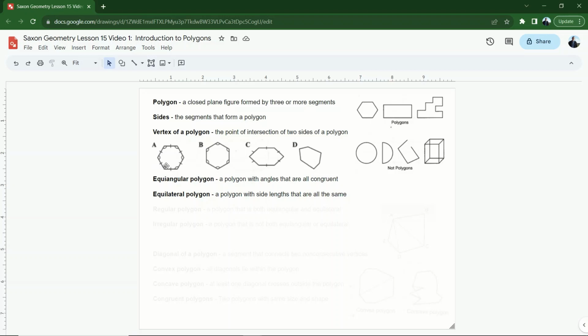So notice that all of these sides are marked with a tick mark, but then I can squish my polygon down and still have equilateral sides, and that's what happens here in letter C. It's still a hexagon just like letter A, but it's squished down. These sides are all still the same length, but it doesn't have equal angles. Now, you're probably wondering, what about B? It's equiangular.